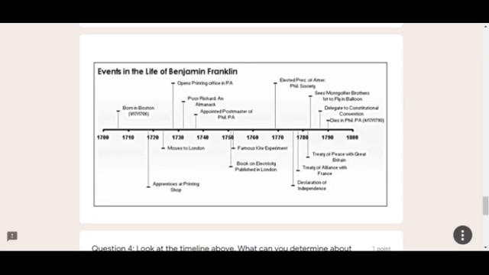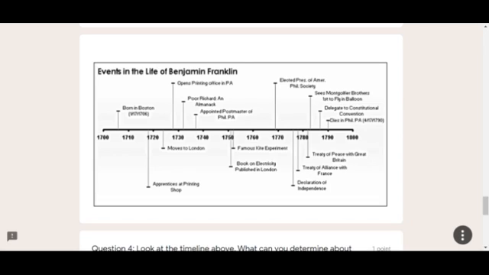The next event says book on electricity published in London. The next event, a famous kite experiment. The next event, elected president of the American Philosophical Society. The next event, the Declaration of Independence. The next event, Treaty of Alliance with France.